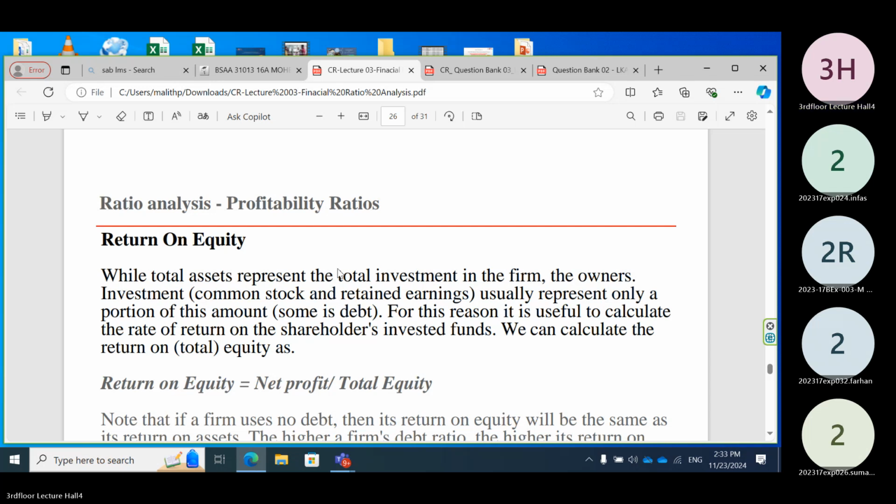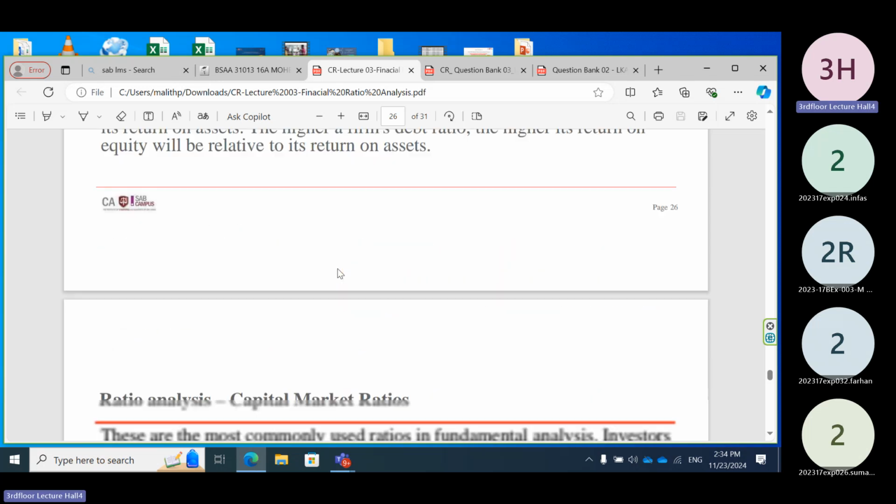Right. We are moving forward and we have the remaining market related ratios. Quickly we can go to that. Yes, we need to go to the next session, next area.